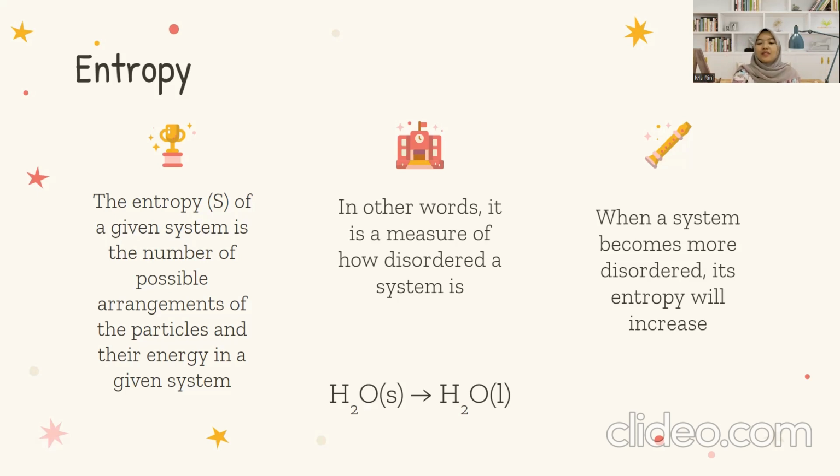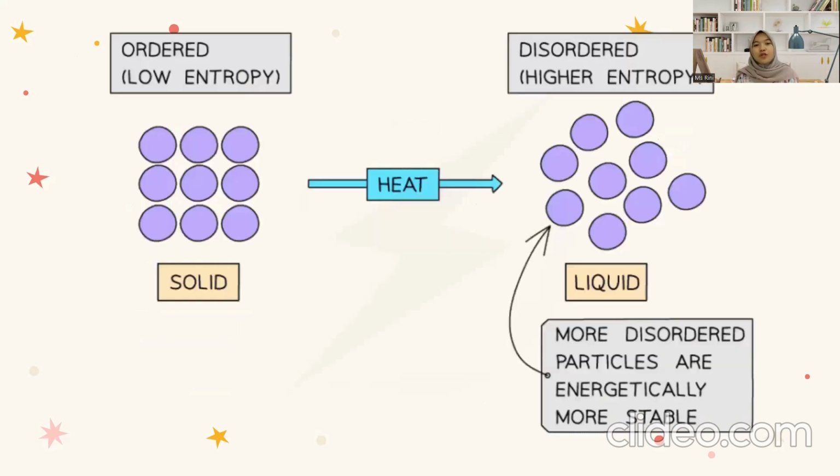Yes, correct. Okay, let me show you the arrangement of particles. Here is the arrangement of solid particles. It's very close to each other, right? And if we relate it with the previous discussion, we can say that it's very tidy, so it has low entropy.